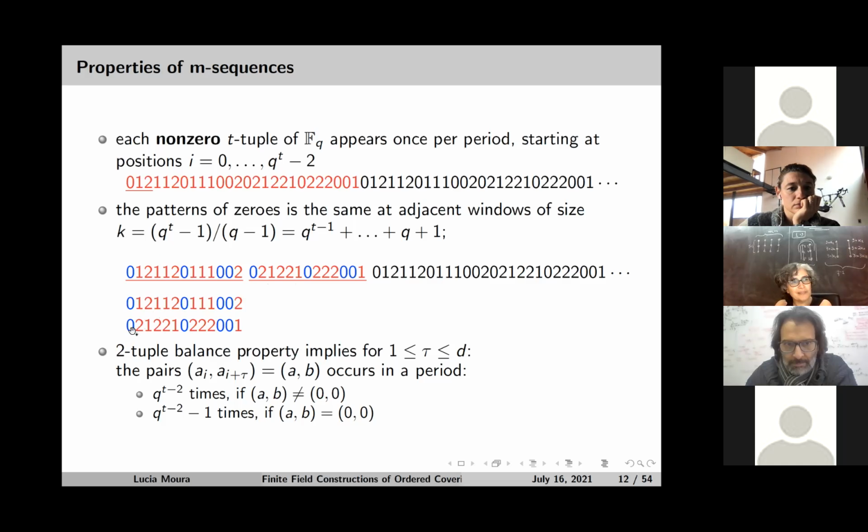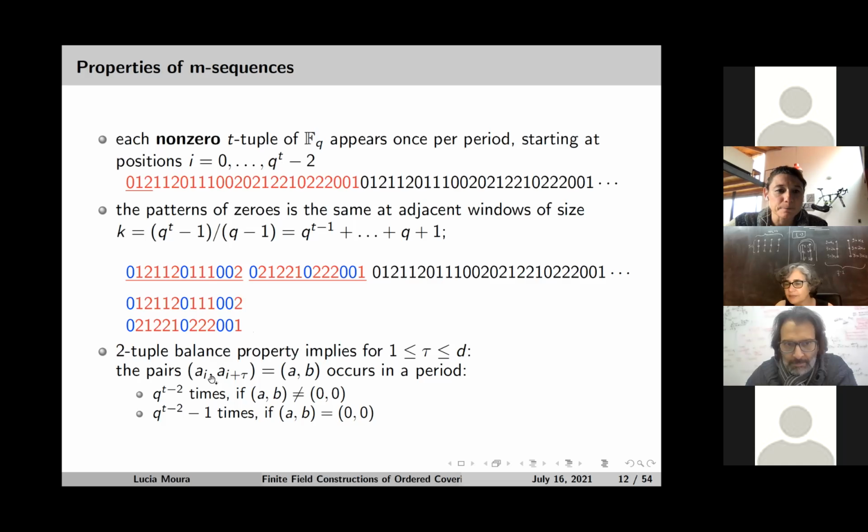So this here is twice this sequence. I'm putting this one below the other, so I multiply by 2, right? So you get this. If I had another element in the field, I would have another slice, and I would multiply by that other non-zero element of the field. So this means the pattern of zeros in these 2 slices is the same, which is also important for us, because patterns of zeros will have to do with columns we must avoid to achieve the coverage.